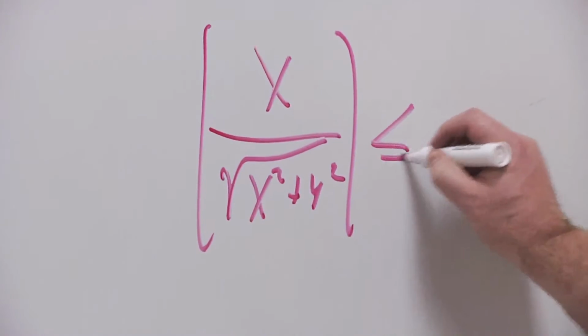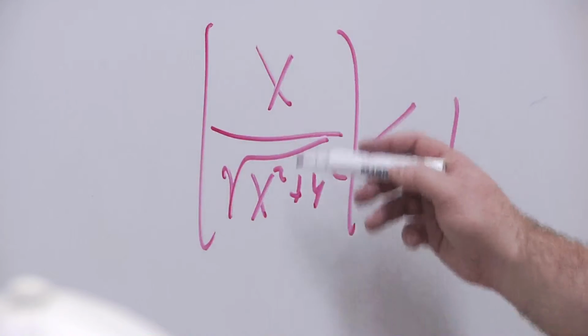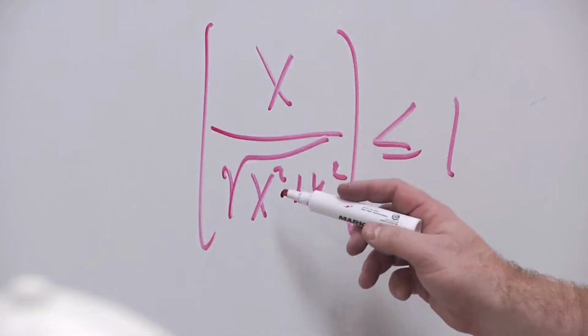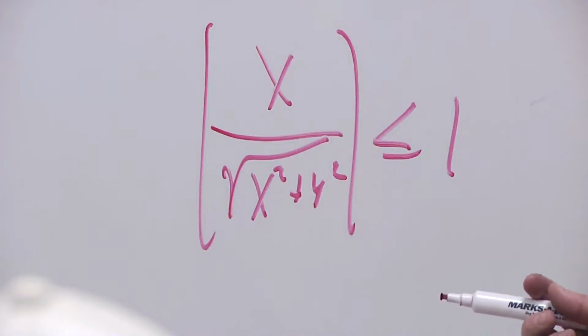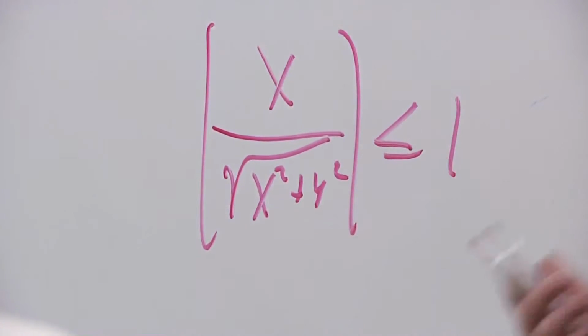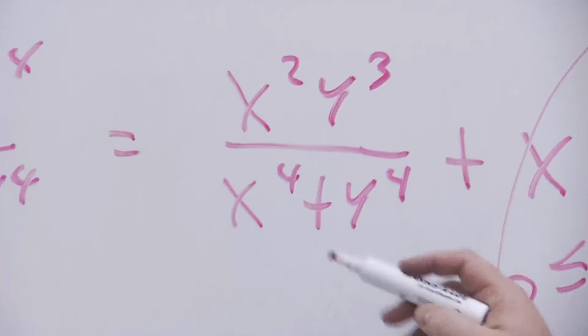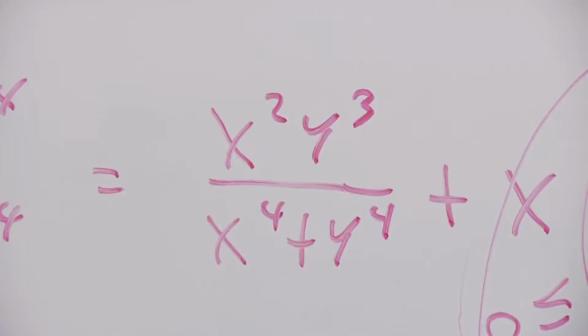We know that this is less than or equal to 1. If the powers match, here we have x to the first, and then we have x squared, but it's a square root. The denominator is again going to be bigger than the numerator, so we know that's got to be less than or equal to 1. So if we look for expressions that are kind of like this, then we can figure out what to do with this to identify pieces that are definitely less than or equal to 1.